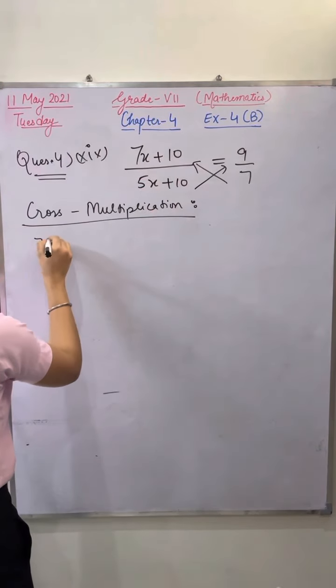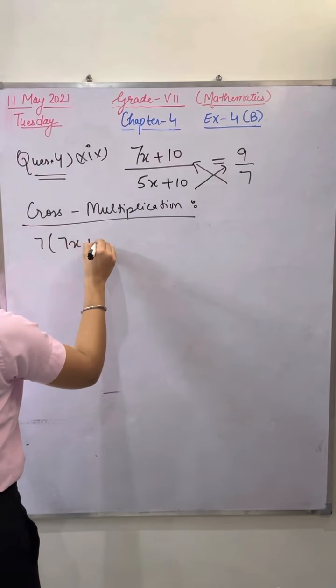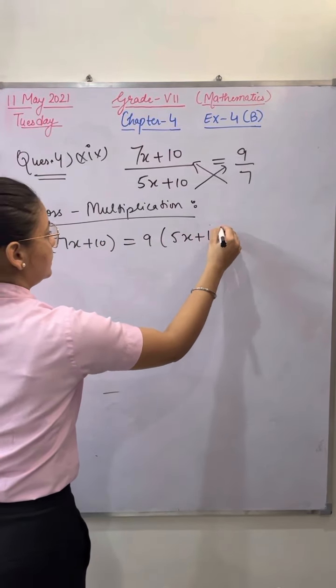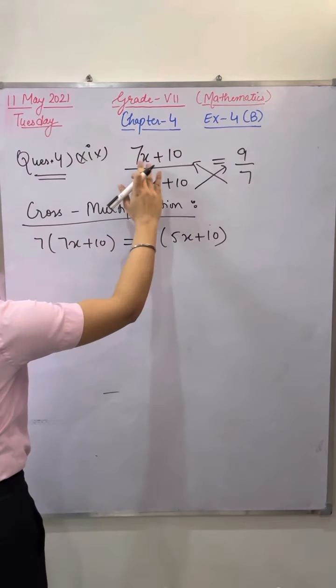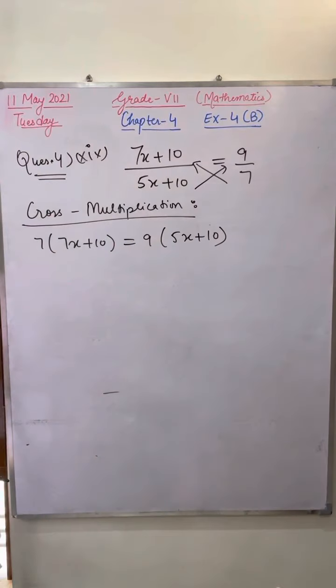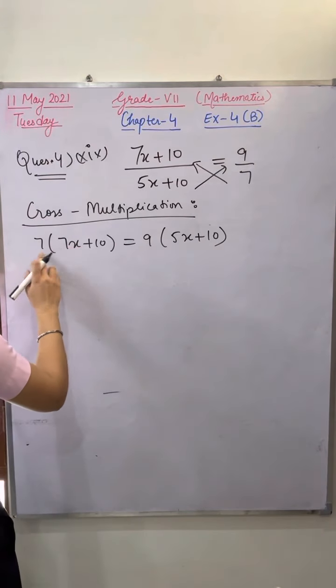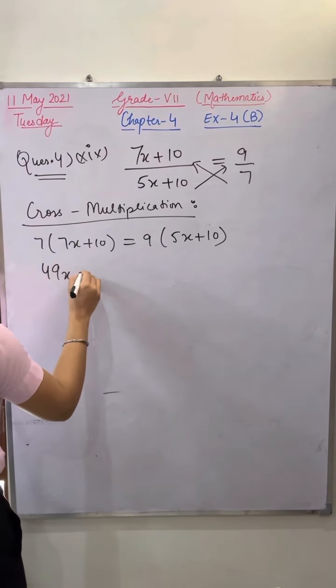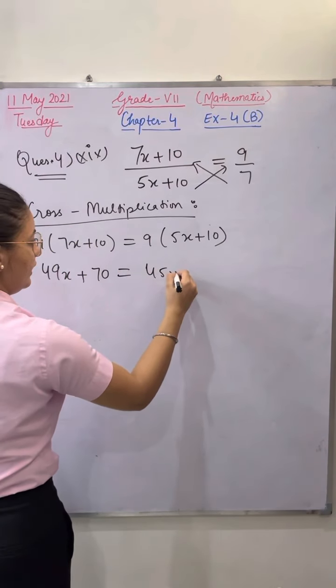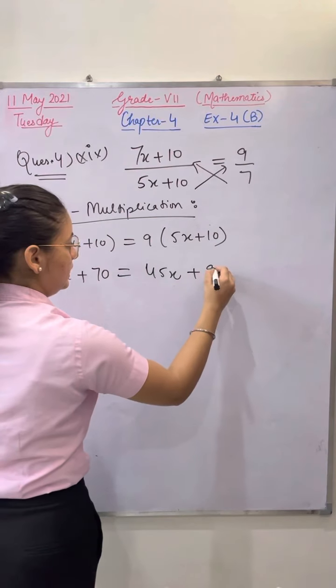7 will get multiplied with 7x plus 10 is equal to 9 multiplied with 5x plus 10. 7 you have to multiply with this, 9 with this term. Now multiply: 7 sevens are 49x plus 7 into 10 is 70, 9 fives are 45x, 9 into 10 is 90.